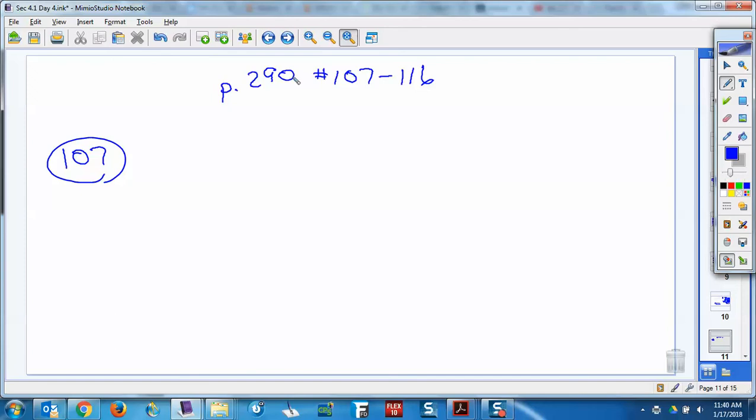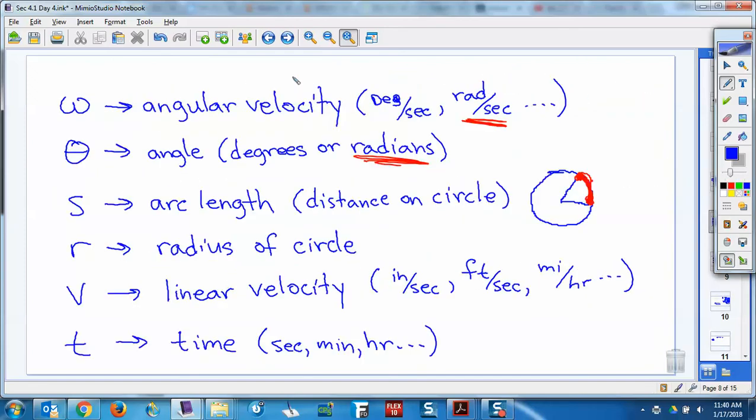Okay, so of all of the terms that we've been talking about, what are we trying to find? No, I don't think it has anything to do with movement or rotation.